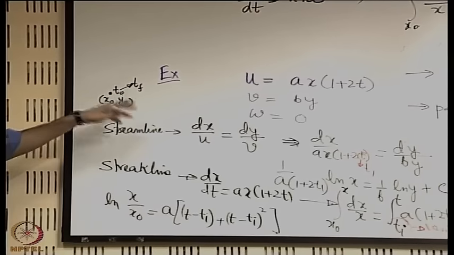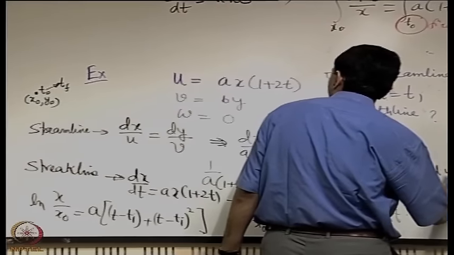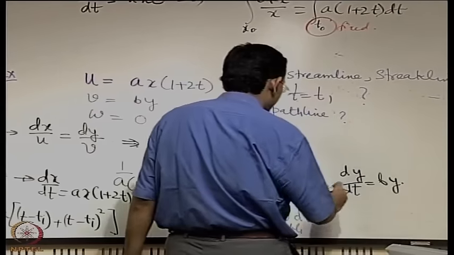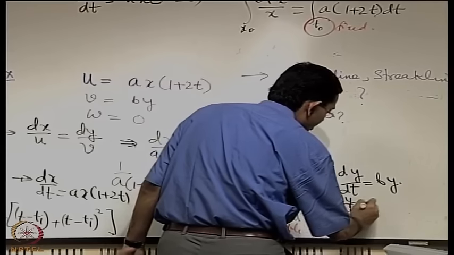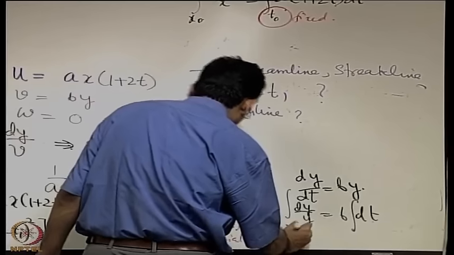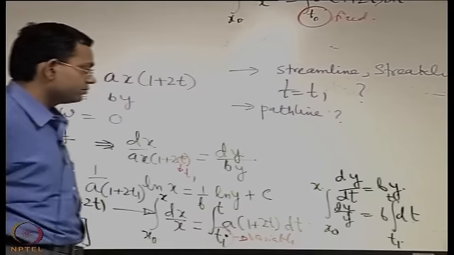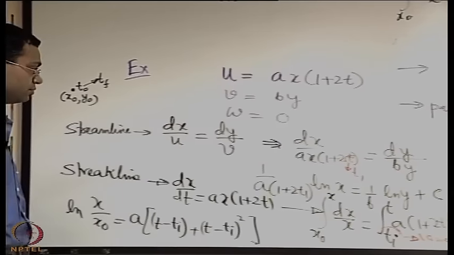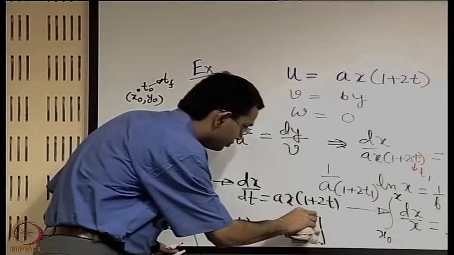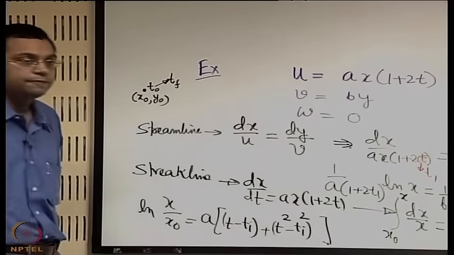Fortunately you will also get another equation involving y, so you can write similarly that dy dt is equal to by. So dy by y is equal to b dt, again you integrate with respect to the same limits, ti to t. T square minus ti square, right, very good. So this is t square minus ti square.